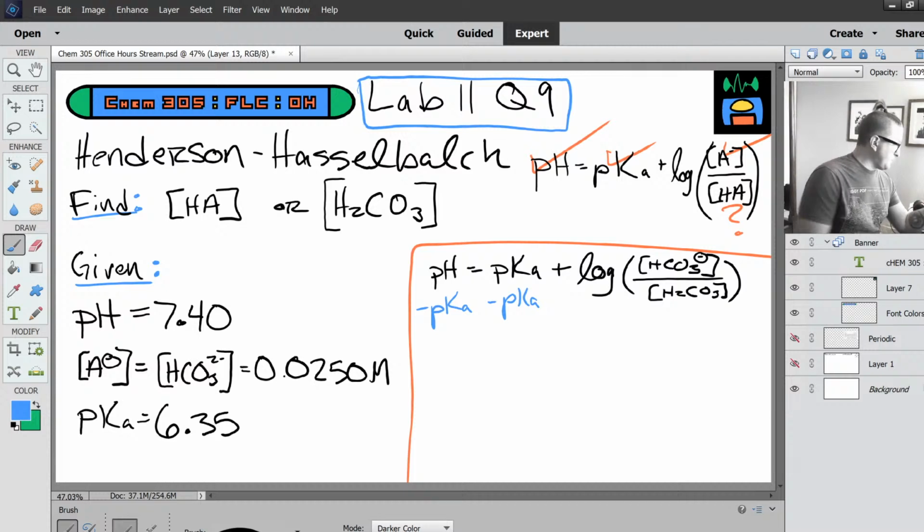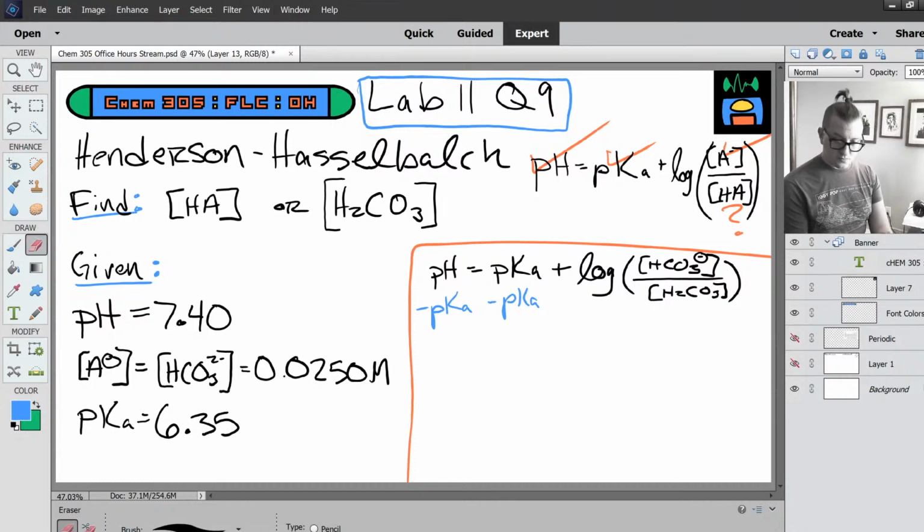I double checked my source, and it turns out that carbonic acid has 2 pKa's because there are 2 protons on it that I can donate. 6.35 is the pKa for its second proton, but the first proton, the one used in this reaction, has a pKa of 3.49.